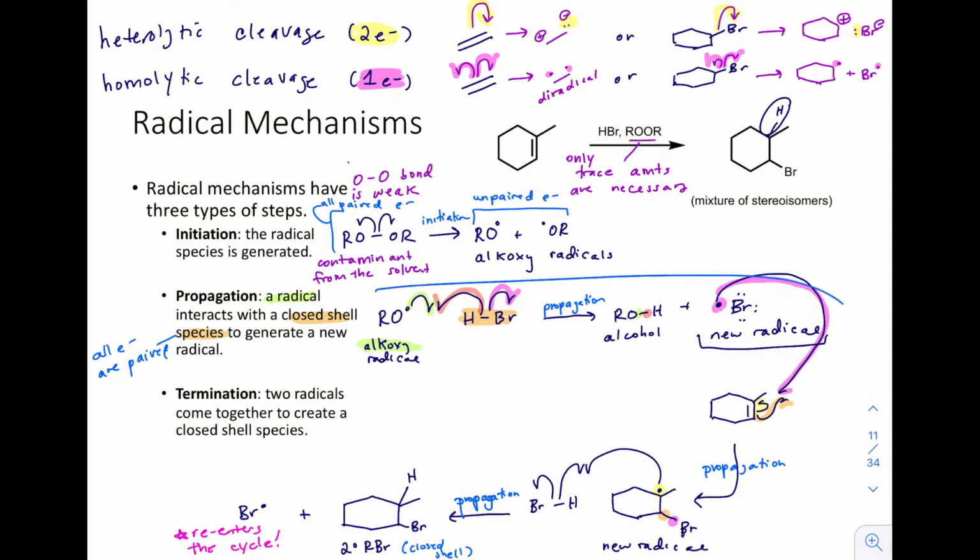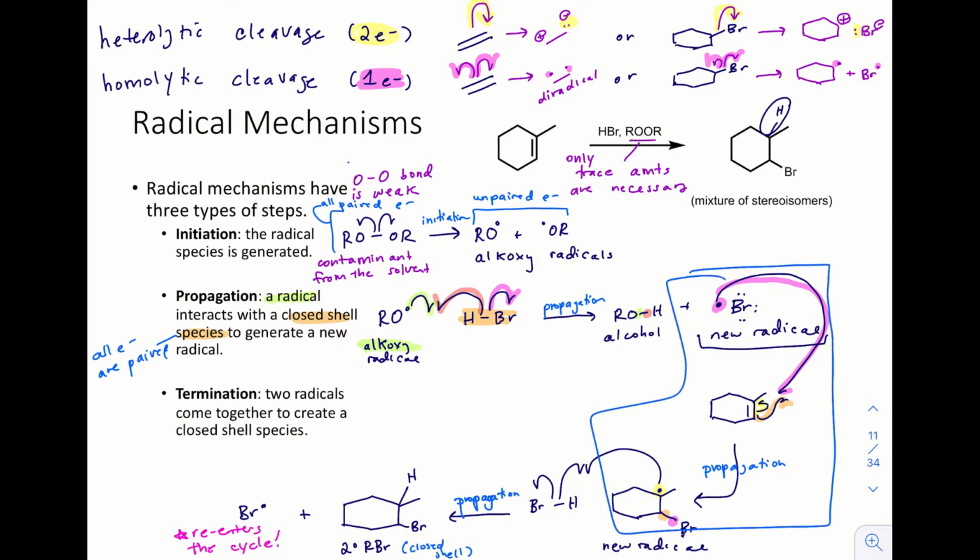Following this propagation step, a new radical was formed. That new radical reacted with another closed shell species, aka another non-radical that happened to be a pi bond, to generate a new radical, aka propagation.